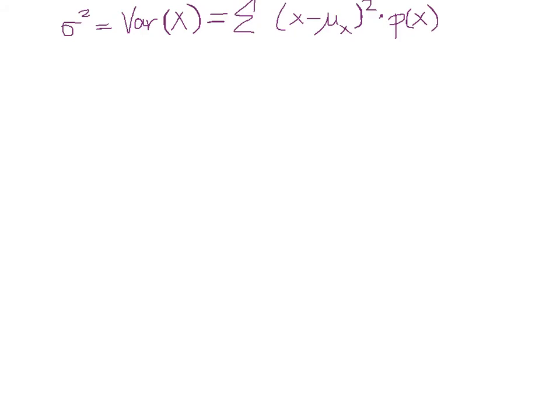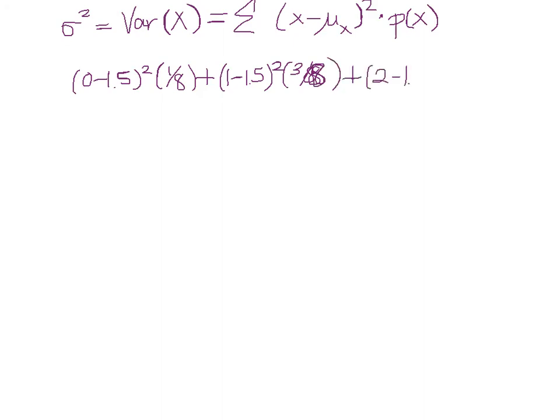So for the scenario that we have, I would have the value 0 minus the mean 1.5 squared multiplied by 1/8, plus the value 1 minus 1.5 quantity squared times 3/8, plus 2 minus the 1.5 quantity squared times 3/8, and then lastly, plus 3 minus 1.5 quantity squared times 1/8.